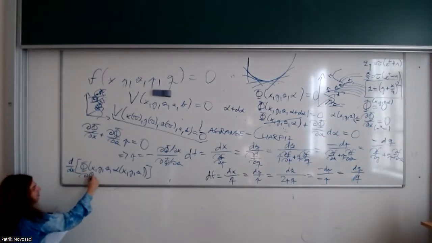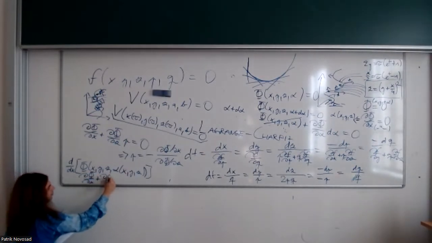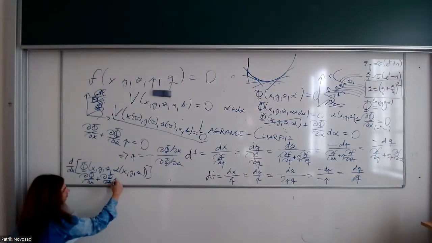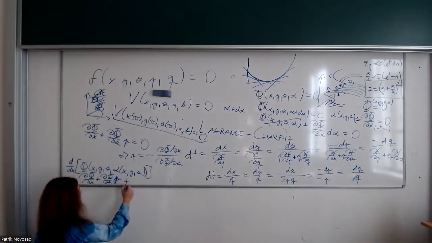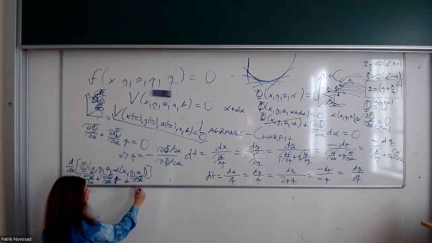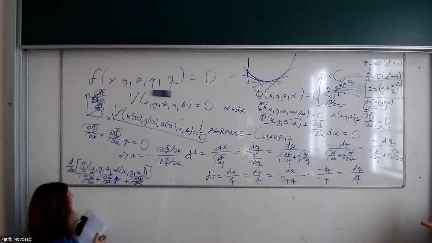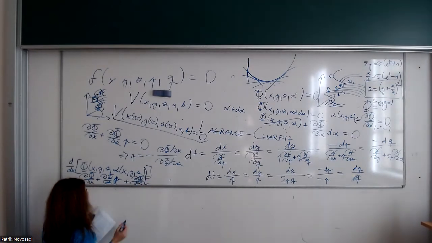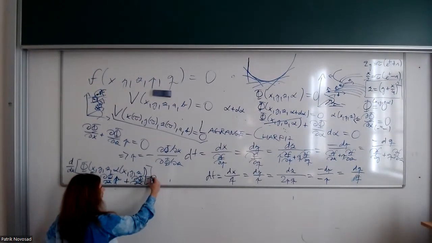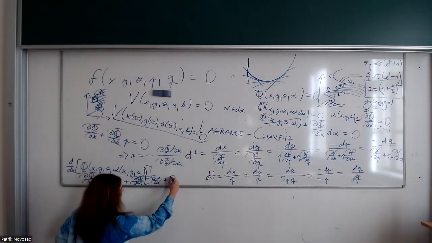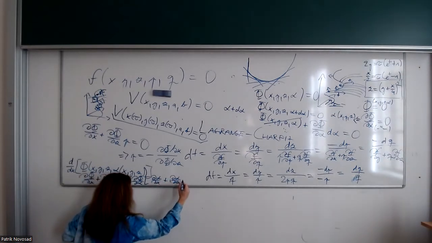Let's do it. So here we differentiate with respect to x and z as we have done before. And now we need to take care of the alpha. So we differentiate the phi with respect to alpha, and then still x needs to be differentiated here. So we have d alpha dx plus d alpha dz times p.